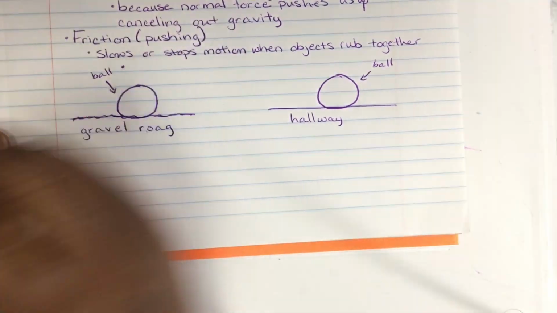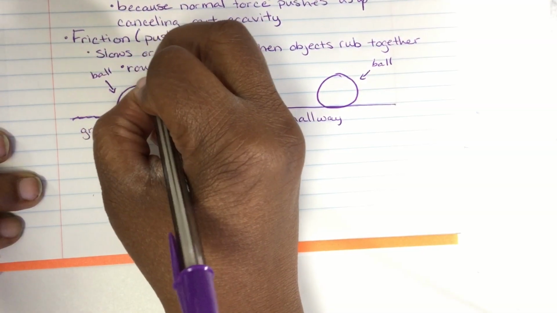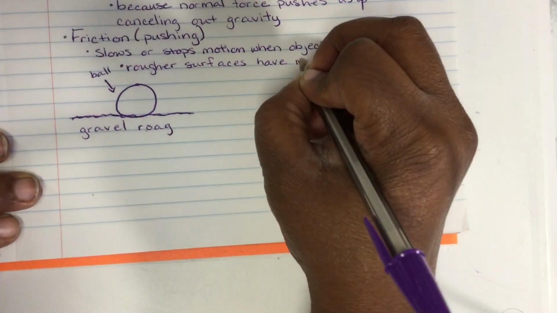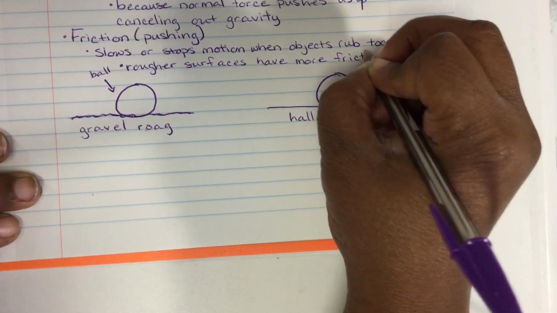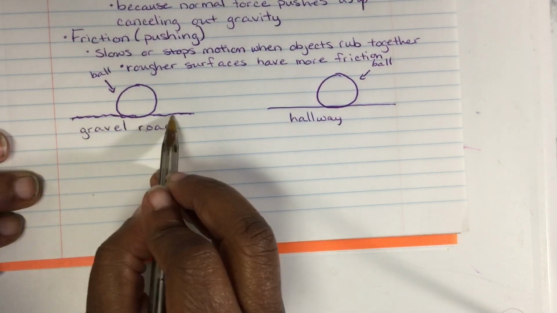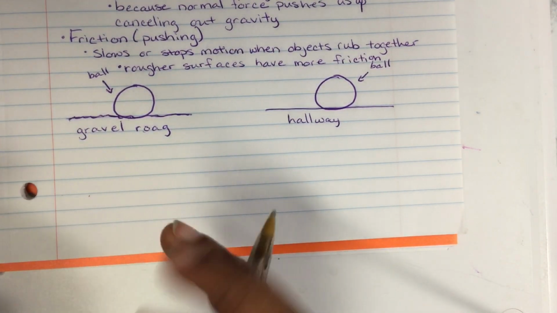The rougher the surface, the more friction that surface has. That means this ball rolling on the gravel is going to use more friction just because the surface is more bumpy.